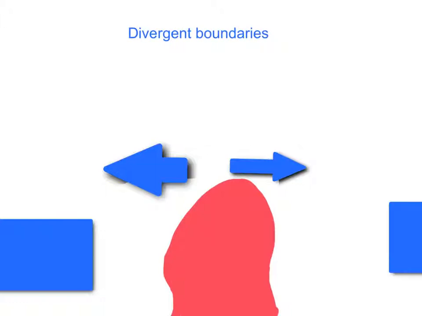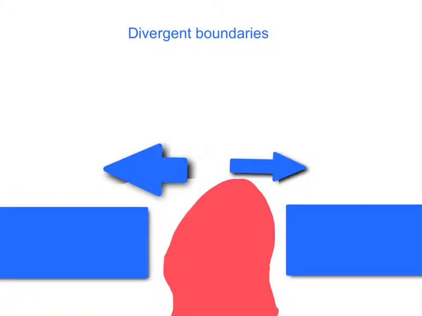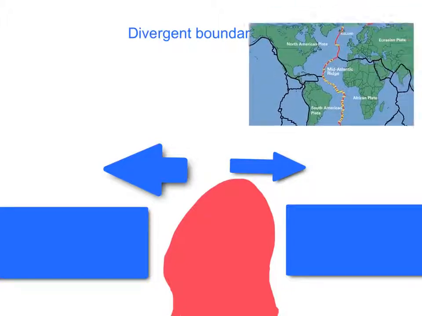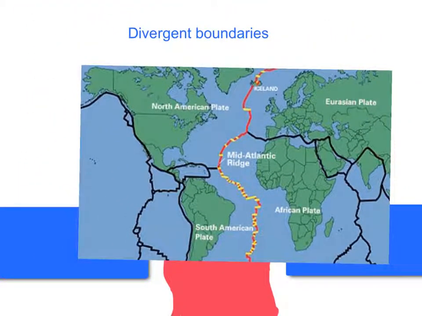With continental divergent boundaries, you can have rift valleys, and with oceanic, you can have ridges. The most popular ridge is the Mid-Atlantic Ridge. This thing right here, this is the Mid-Atlantic Ridge. The divergent boundary is between the South American plate and the African plate, as you can see right here in this area right here.